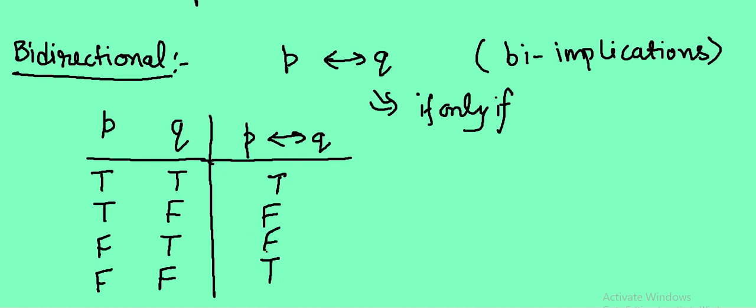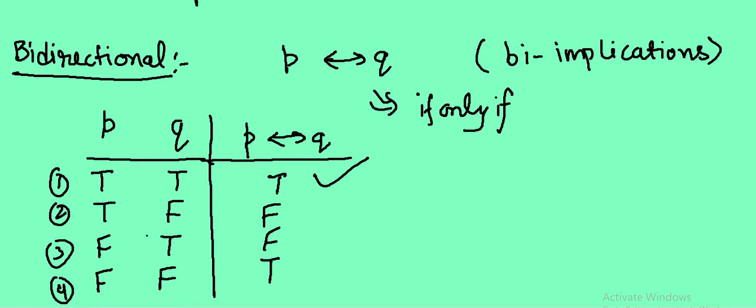The definition says that the biconditional statement P if and only if Q is true when P and Q have the same truth values. So if I say this is the first case, second case, third case, fourth case, and you closely observe this table, when both P and Q are the same, P true and Q true, then the whole statement is true.